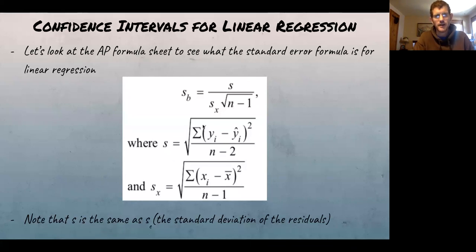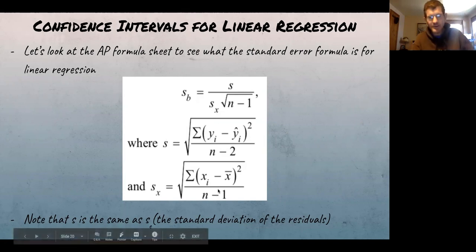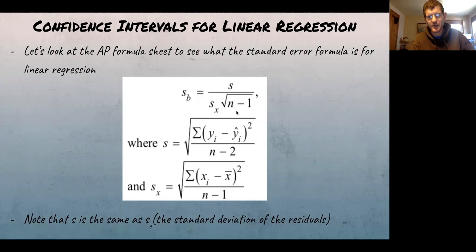And notice that they give you the standard error for your slope, S sub b, where b is the slope. They give you this, but then they have to give you even further explanation to say what S is. So this is what S equals in S sub x. They have to give you this formula. So it's a heck of a lot going on here.